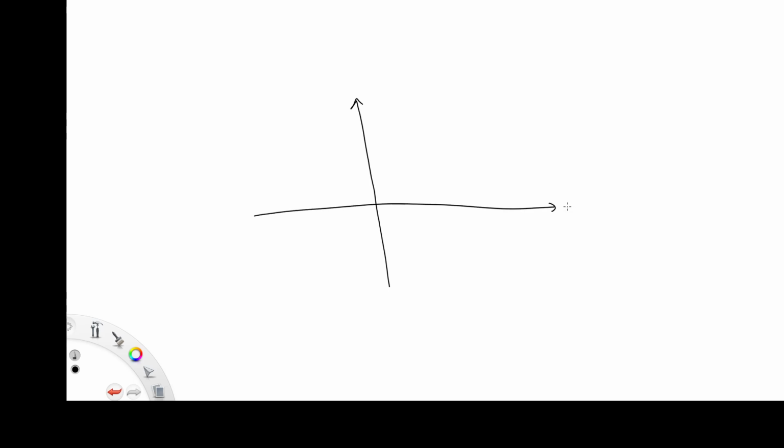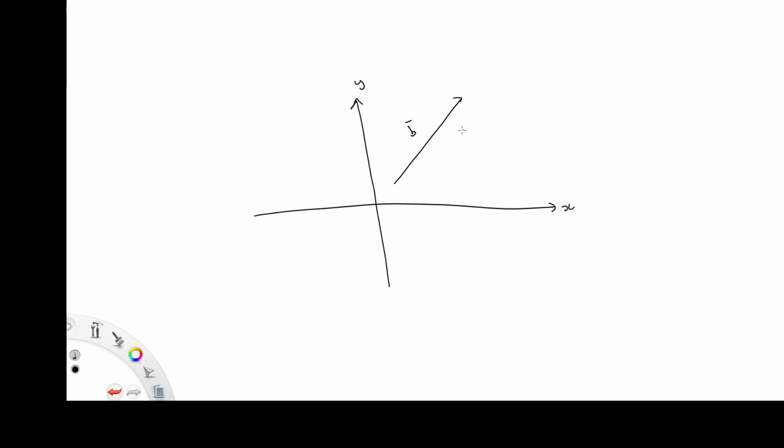Now, a unit vector, let's say I have another thing like this. A unit vector is a vector like this, right? Let's say this is B dash.